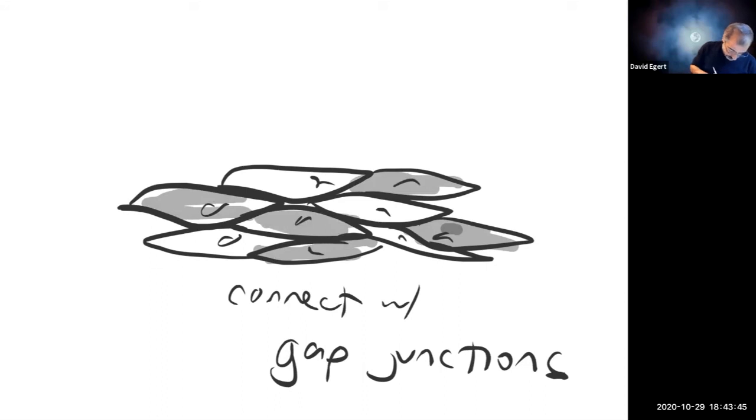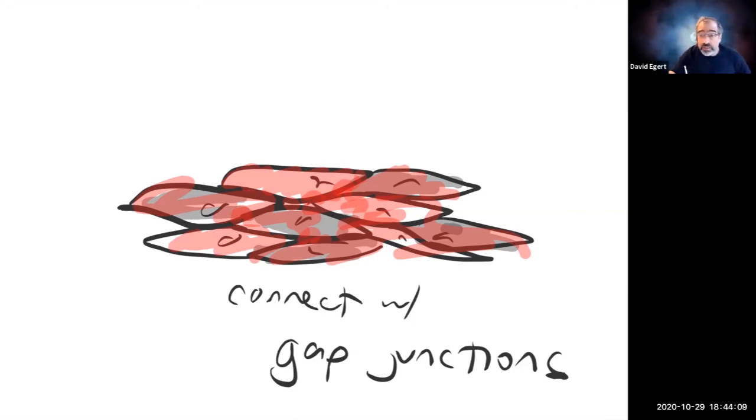If this guy gets excited, the gap junctions mean these guys get excited, and if these guys get excited, these guys get excited. So whatever electrical excitation happens is going to spread through the whole group and they're all going to contract together.